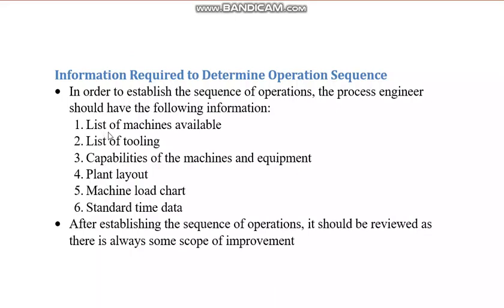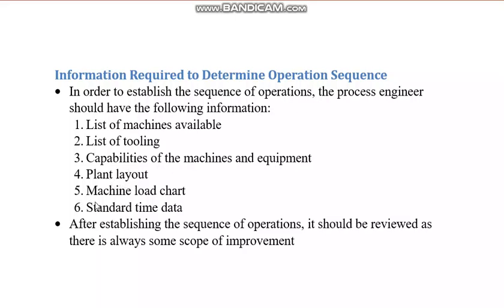First, you should have the list of the machines that are available in your machine shop, the list of tooling that is available with you, then the capabilities of the machines, and the equipment that are already present with you in the machine shop.